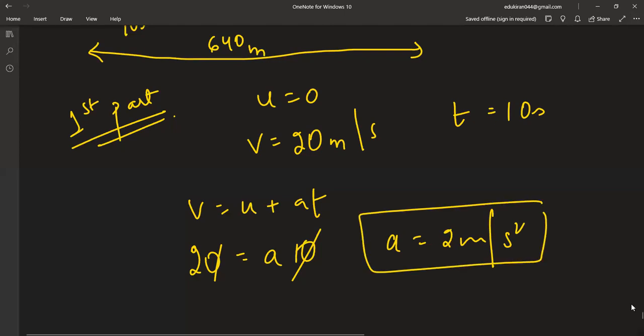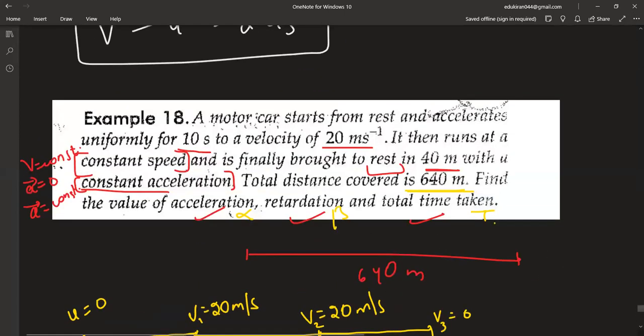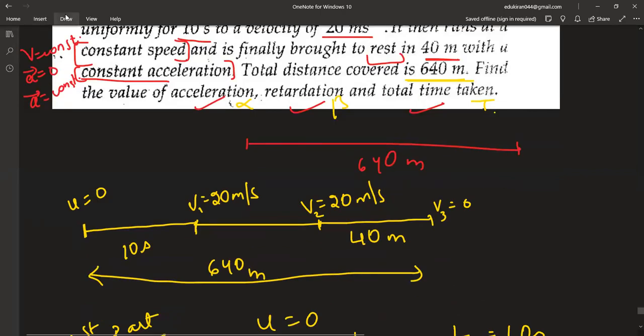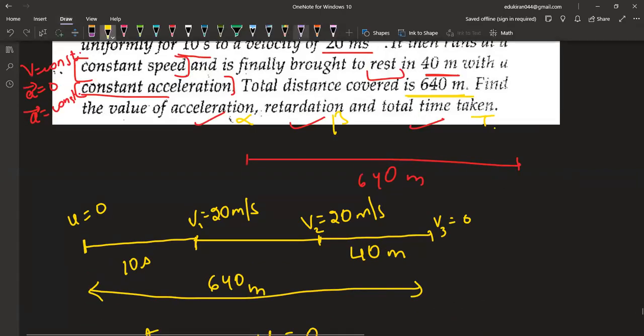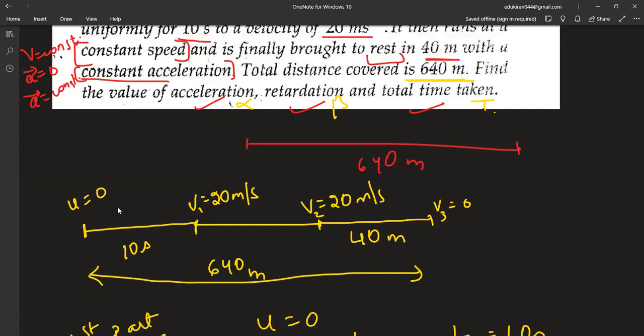At least you now have the acceleration for this part. This acceleration a1 comes out to be 2 meter per second square.